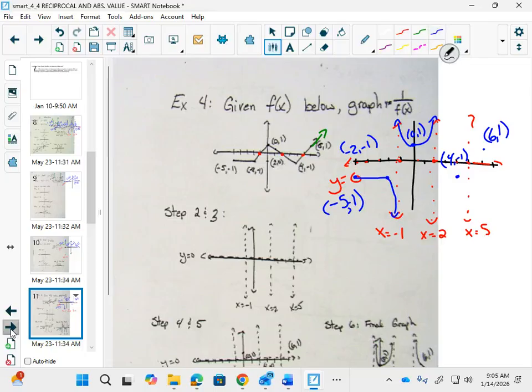I could pick this point right here. This point is 1, 1/2. Reciprocal means you take a fraction and flip it. What happens when I flip 1/2? I get 2/1. Also tells me this had to go up towards the asymptotes. This section, down towards the asymptote. And there is our final graph.